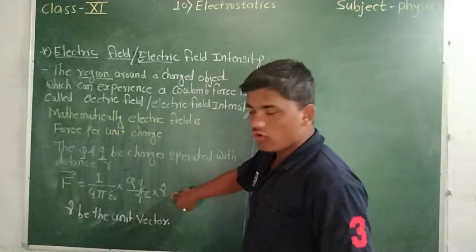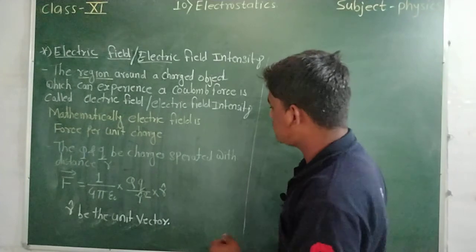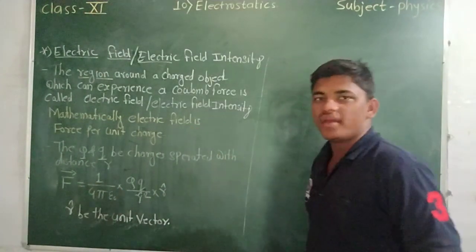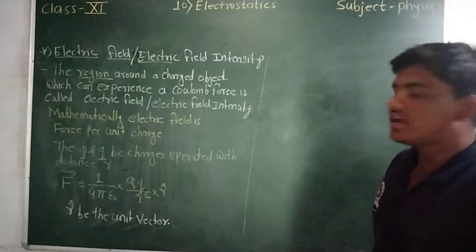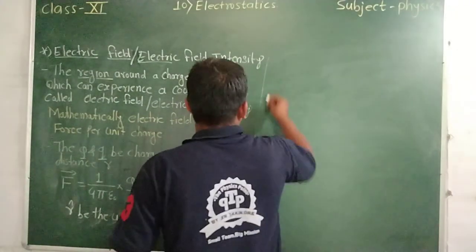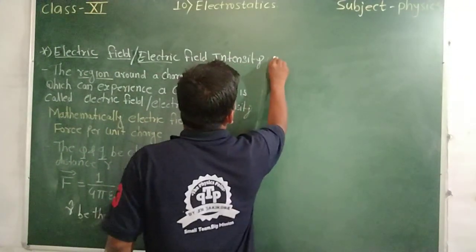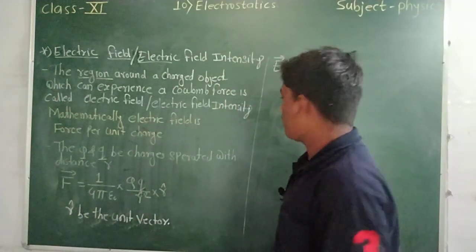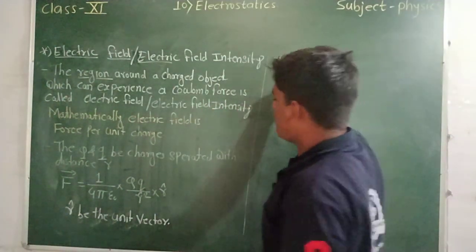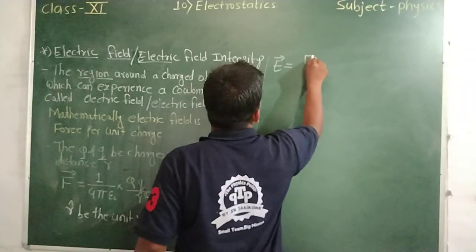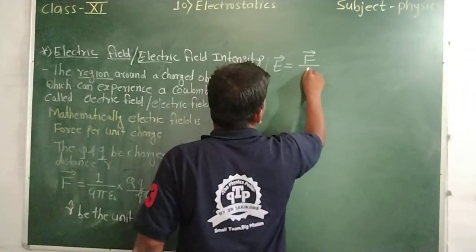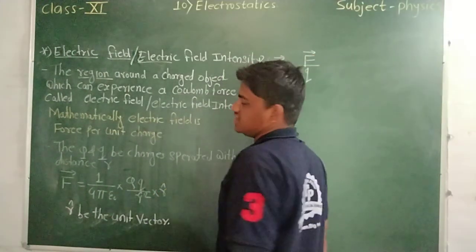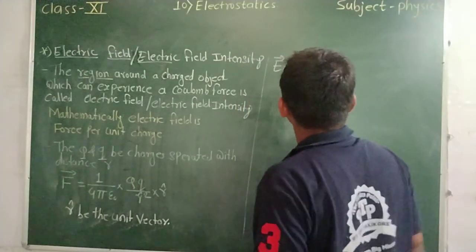This is the Coulomb force, or the force between two charges. Then we write the equation of electric field or electric field intensity. The electric field intensity E bar is equal to F bar divided by q, both in vector form.